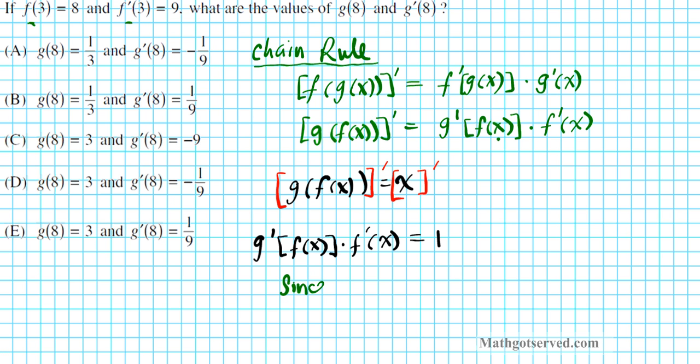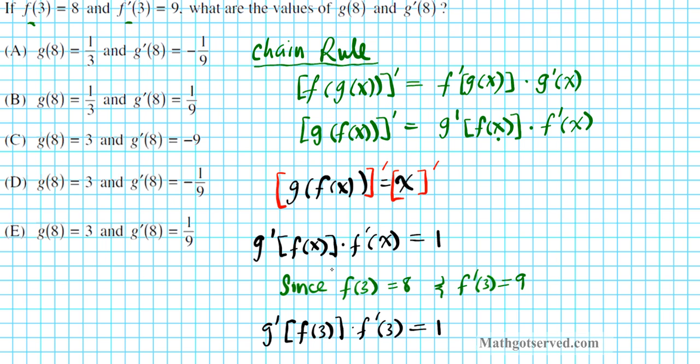Since f of 3 is equal to 8 and f prime of 3 is equal to 9, basically we're looking for the derivative of g of f of x at x equals 3. We can plug it in here. So that's going to give us g prime of f of 3 times f prime of 3 is equal to 1.